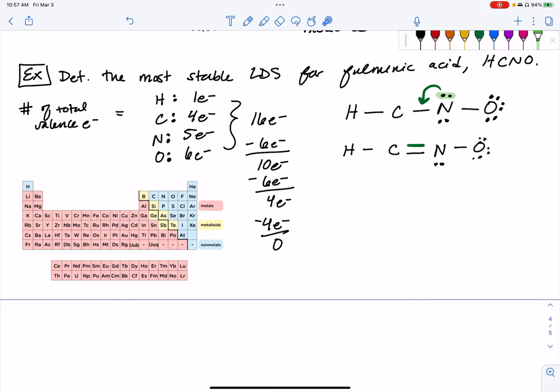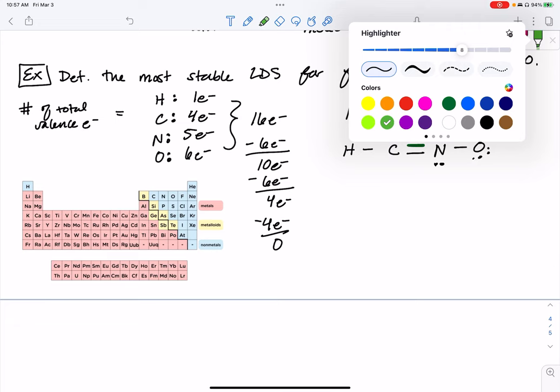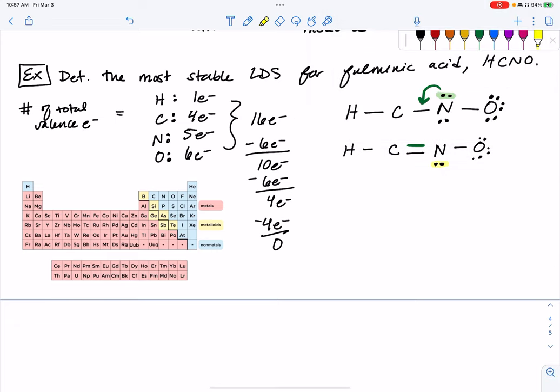So I could take another lone pair on nitrogen and convert that into a bonding pair to carbon, forming then a triple bond between carbon and nitrogen, and a single bond between nitrogen and oxygen. Okay, let's count up everybody's duet and octets and see if this has led us to having a valid Lewis structure.